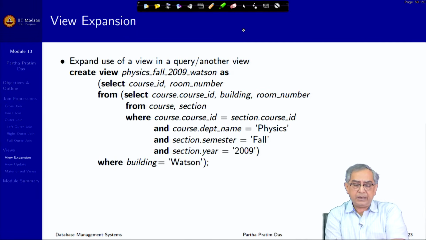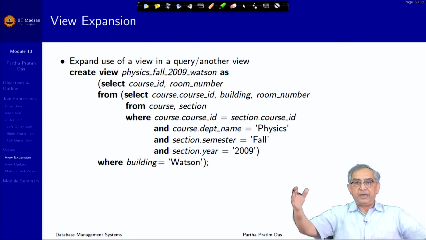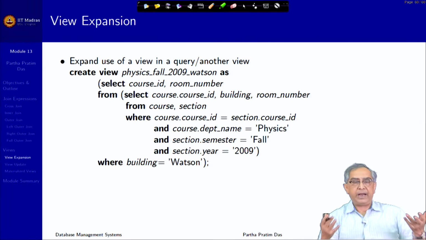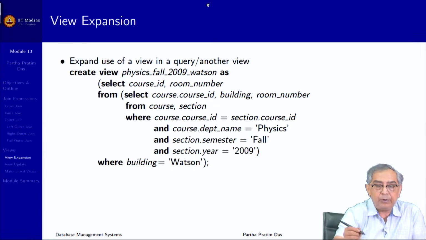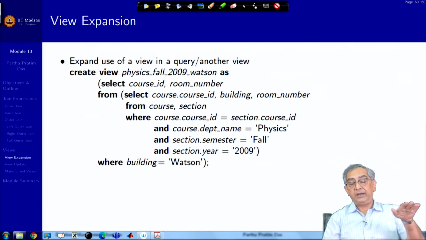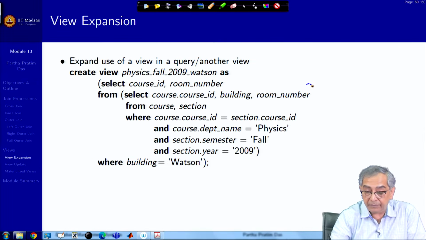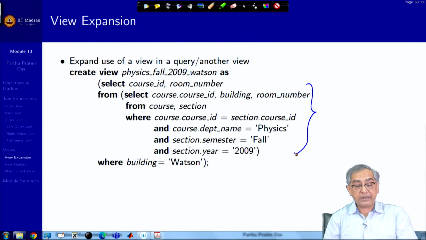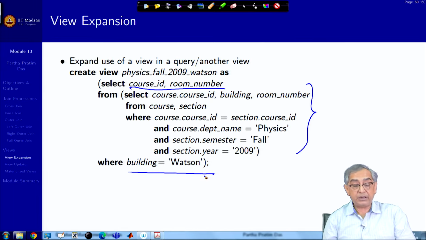This is called view expansion, that is, you can build a view on top of a view, build a view on top of that, mix and match with any actual relation at any point of time, without thinking about what is physically a relation and what is virtually a view relation. Here you have one nested query in the from, and using that you have an outer query which selects Watson.